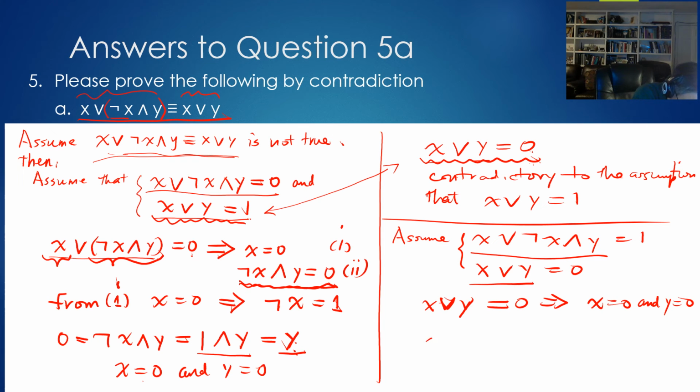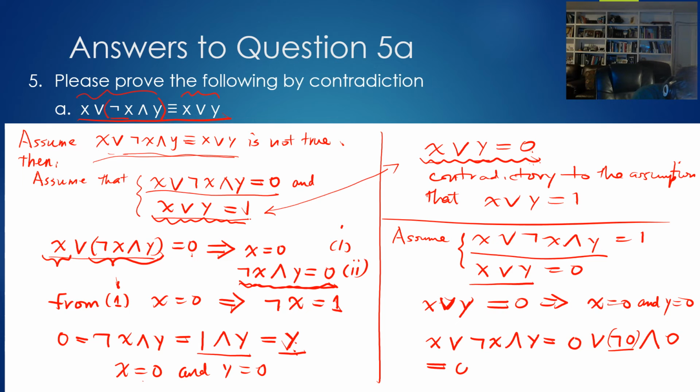So that means x conjunction, oh, no, it's disjunction, negation of x or y. So we already know x is 0, negation of 0, y is 0, okay? Now by the rule of precedence, you need to evaluate this one first, right?